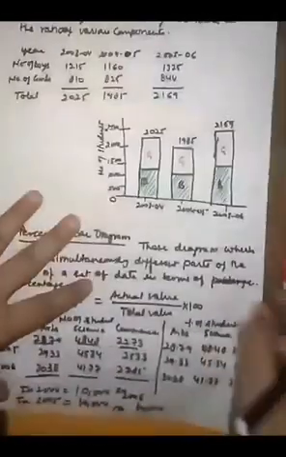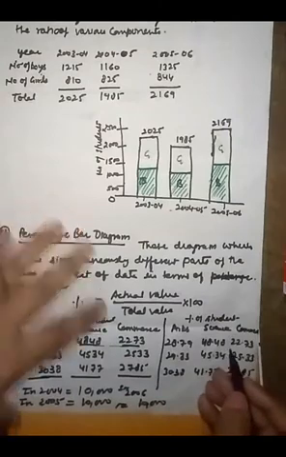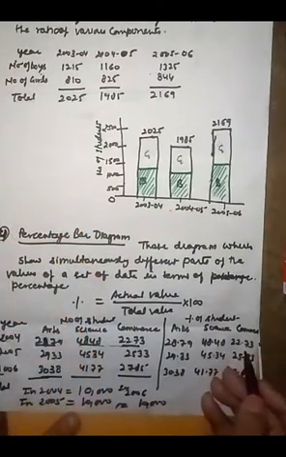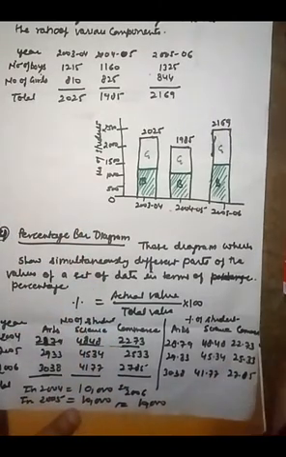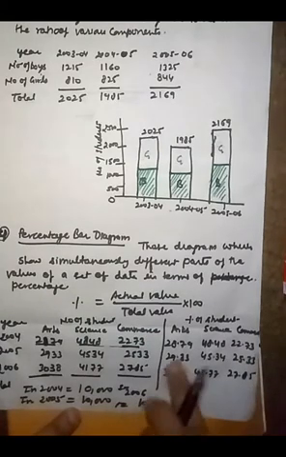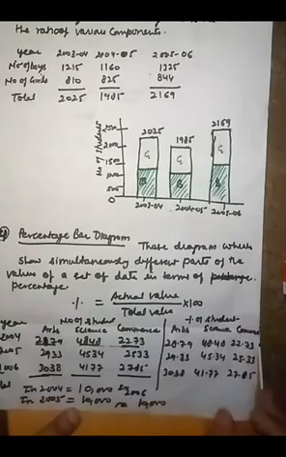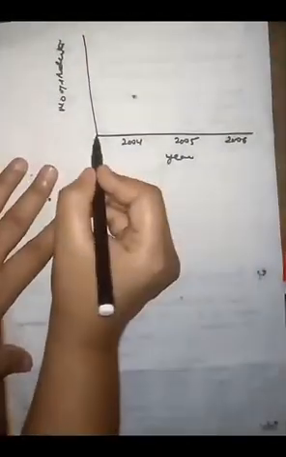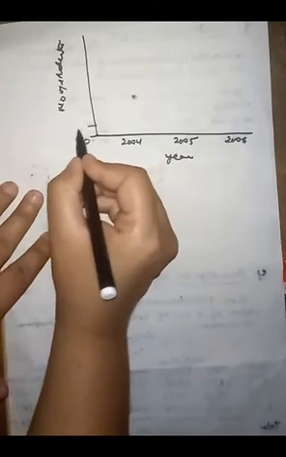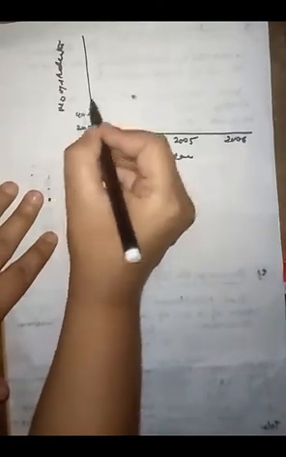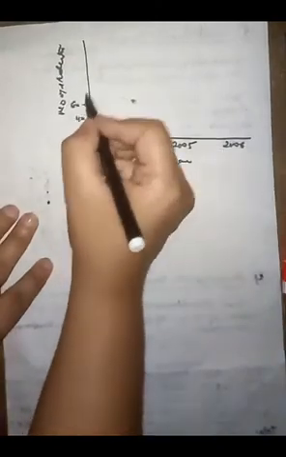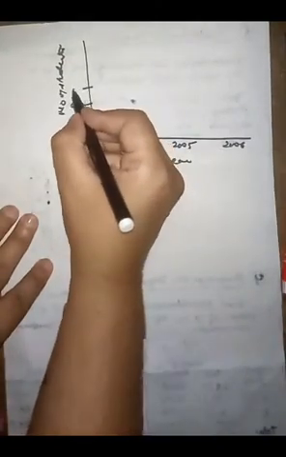So if you see the values 28.79, 48.48, 22.73, right? So here you see the values are around 20 and 48. So we can take the scale 0, 20, 40, with a difference of 20, then 60, 80, right?